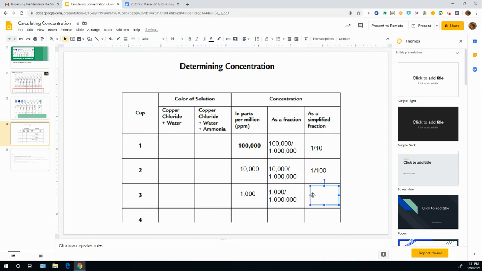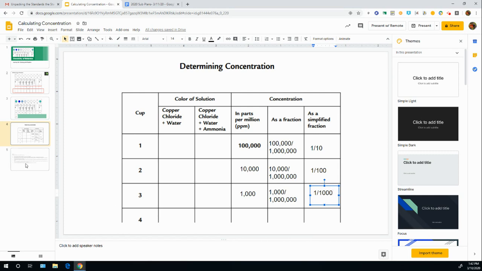Again, if we want to simplify this, all we do is cross out our zeros in our numerator and denominator, and we will find that 1/1000th would be our simplified fraction. I'm going to ask that you continue on in order to determine the concentration for cups 4 through 9.